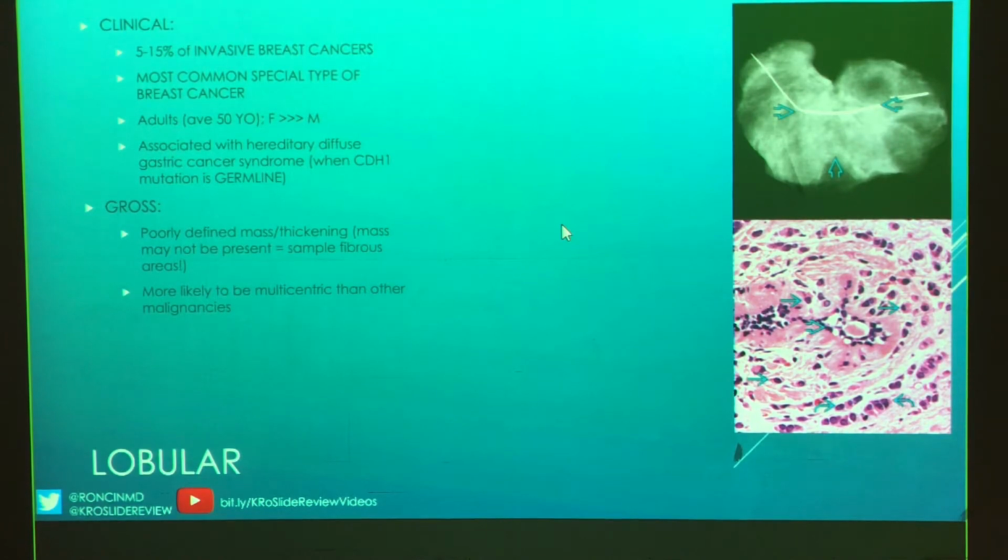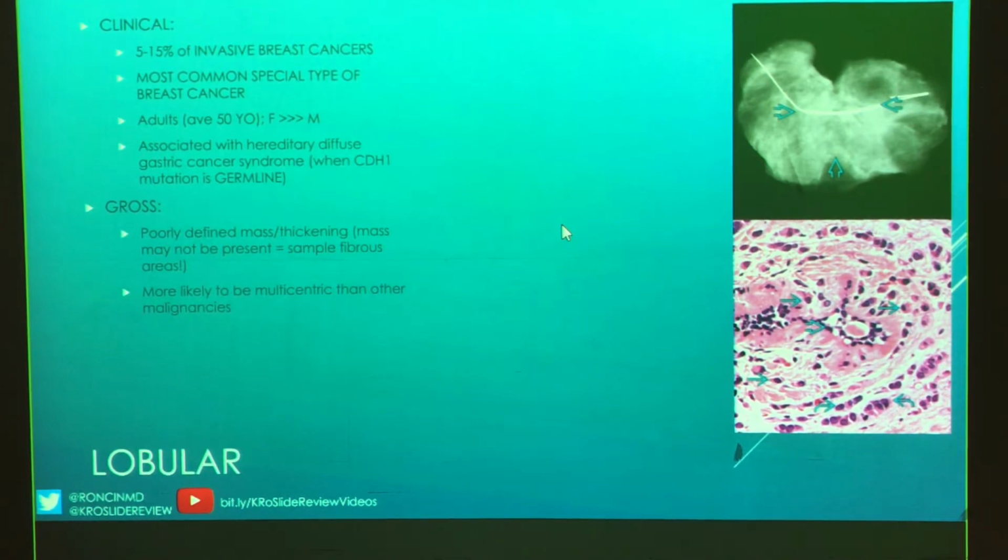Okay, lobular. So they don't form lobules. They don't have these masses that fill spaces and expand spaces. So we're not going to expect to see a well-defined mass. Once in a while, you can have mass formation with lobular carcinoma. So if you have a mass, that doesn't mean it's not lobular.